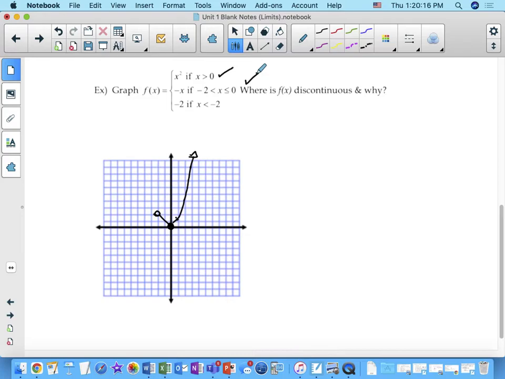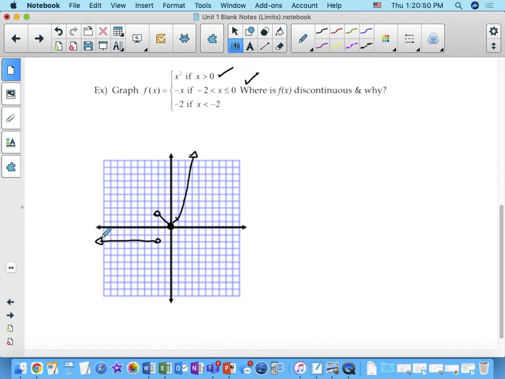This one is exclusive, so that gets an open circle. And that looks like that.